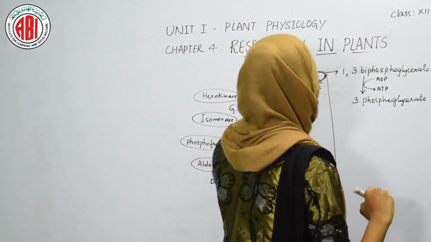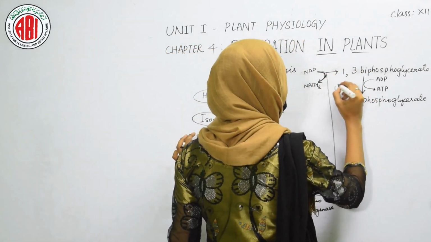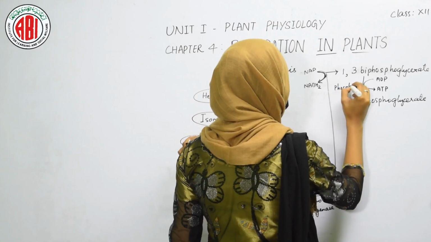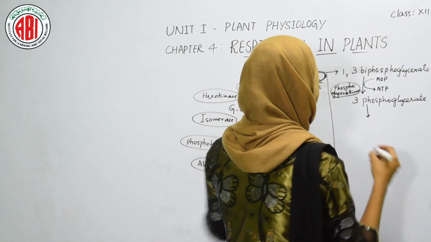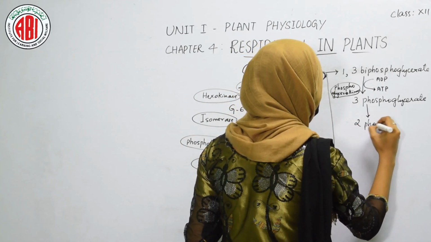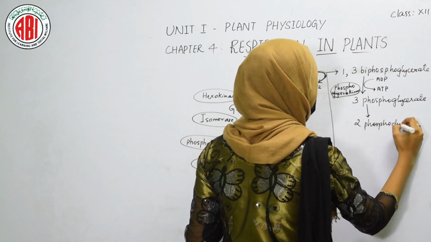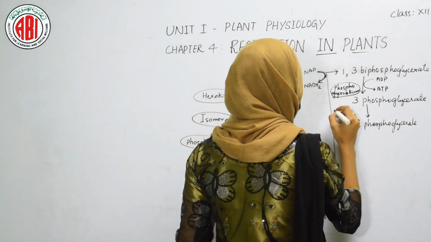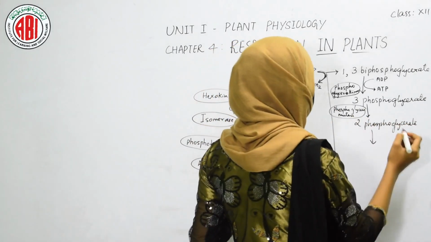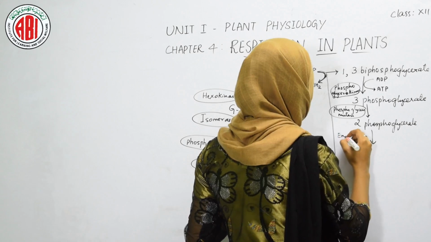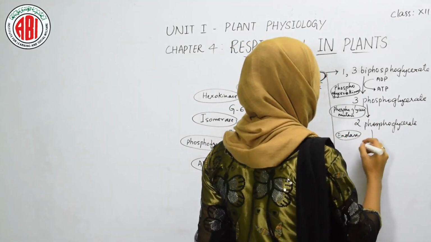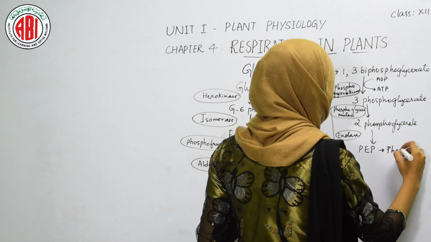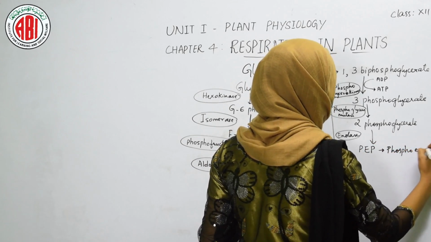Now this step occurs in the presence of an enzyme called phosphoglycerokinase. 3-phosphoglycerate gets converted into 2-phosphoglycerate in the presence of an enzyme phosphoglyceromutase. Now this 2-phosphoglycerate in the presence of an enzyme enolase gets converted into PEP, that is nothing but phosphoenol pyruvate.